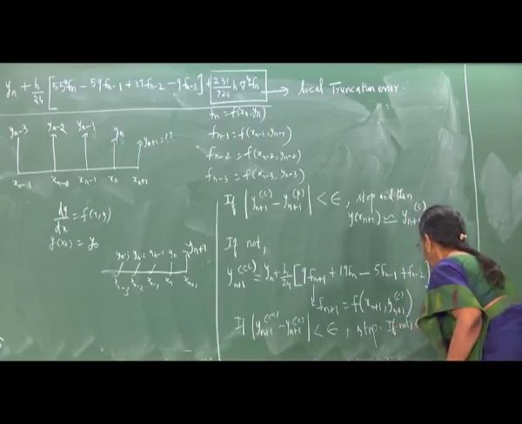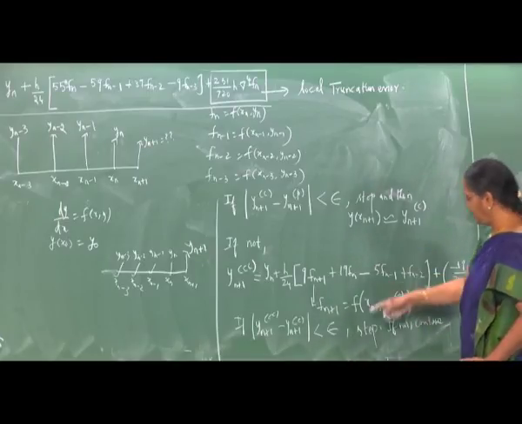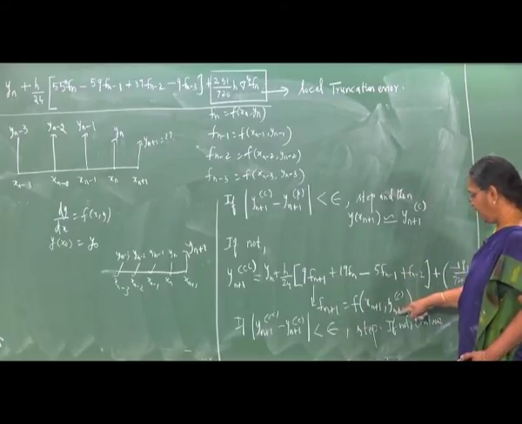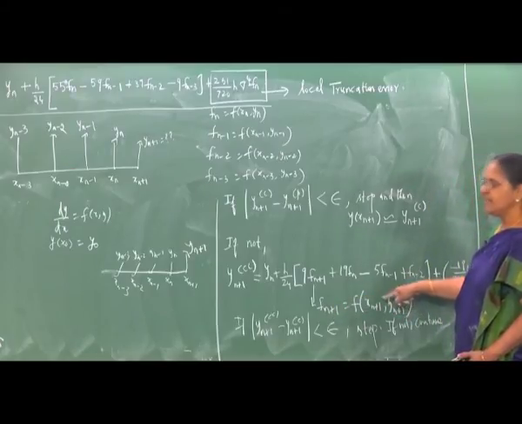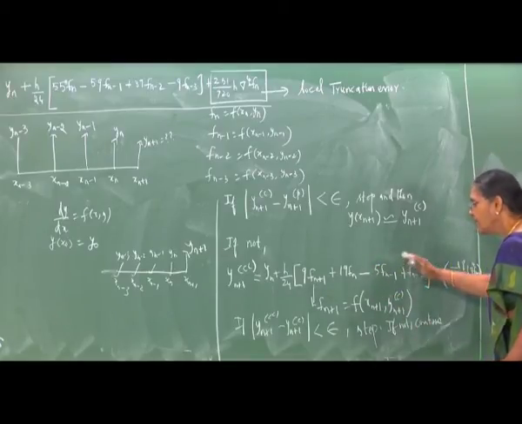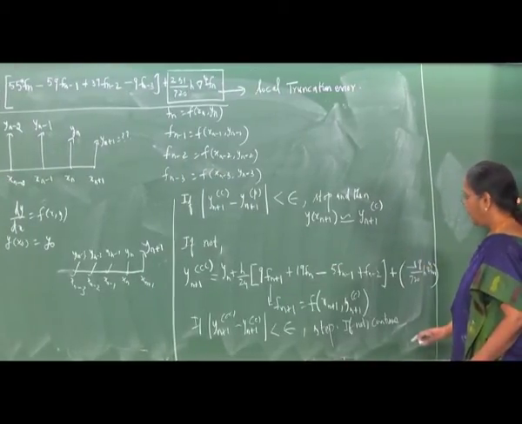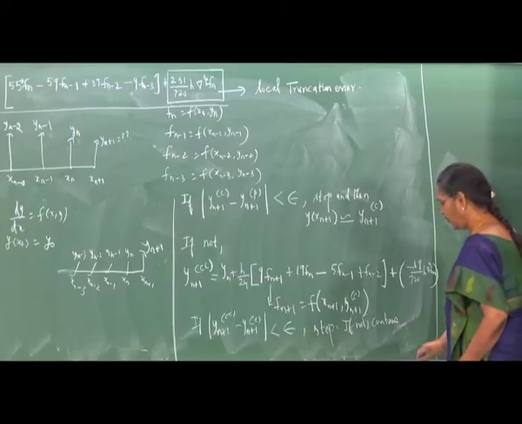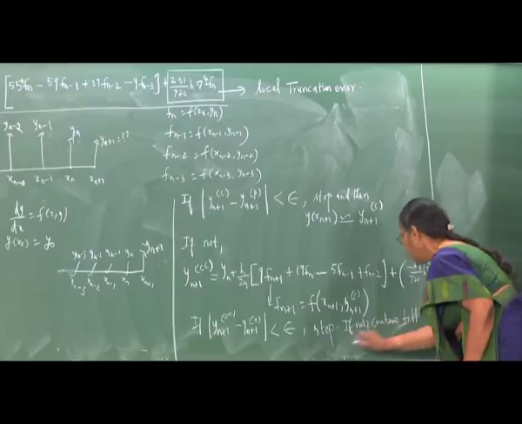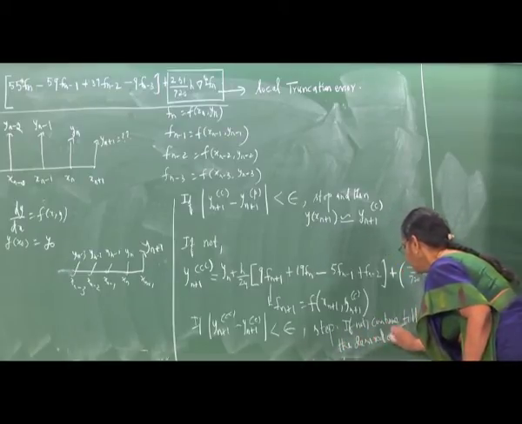If not, continue recorrecting your solution, every time computing fn plus 1 by making use of the value of yn plus 1 obtained at that corrected step, and then evaluate the new yn plus 1, which is the corrected value, till the desired degree of accuracy is attained. So, if not, continue till the desired accuracy is attained.